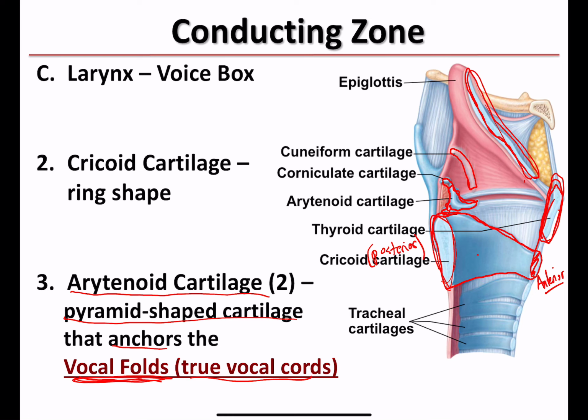These muscles pull on these cartilages, and the arytenoids pull on the vocal cords, and the vibrations created from this movement are imparted into the air that's passing through the larynx, all right? That's basically responsible for phonation, or putting vibrations into the air that passes through the larynx, and that's the very beginning of our ability to speak.